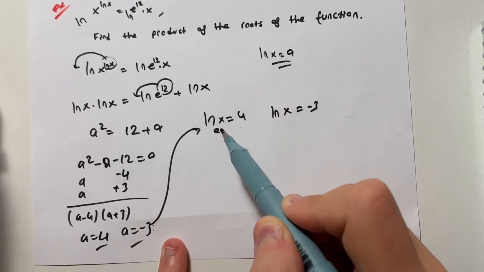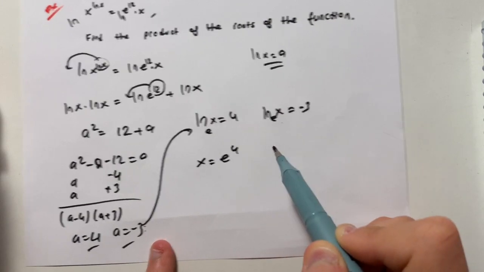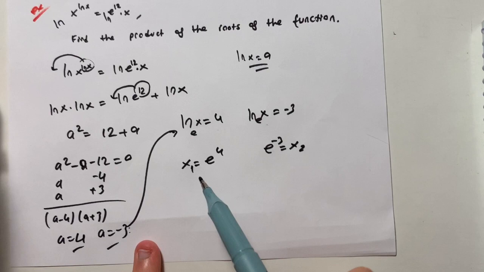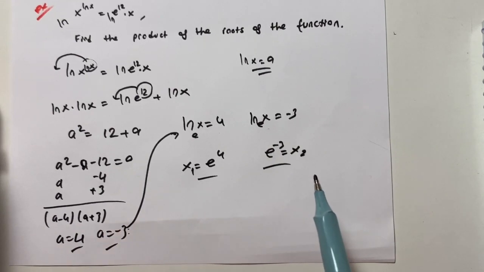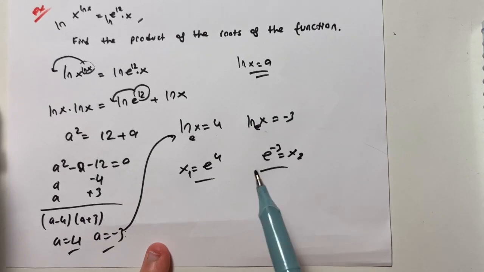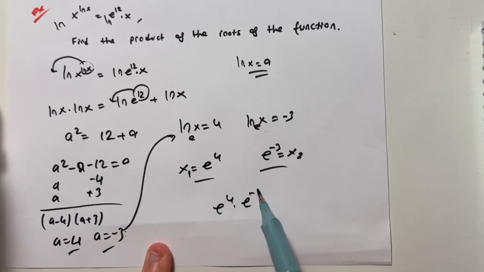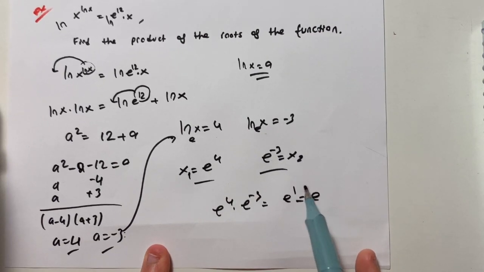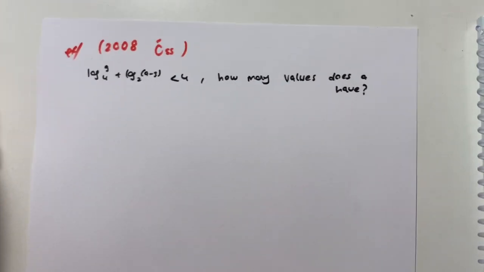And since there is a secret e in the base, we are going to solve it normally like this. And these are our roots, and the question wants us to multiply them, so we multiply them, and this is e to the power of 1, which is e. The answer is e.